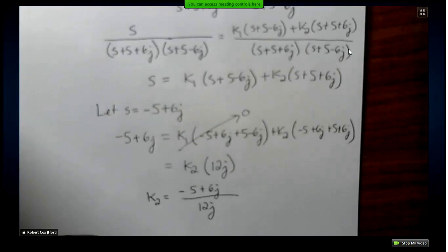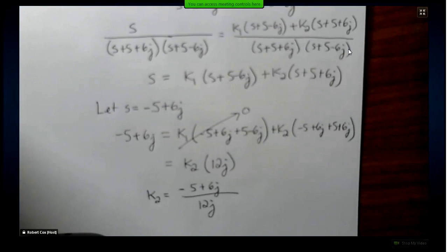All right, let's pick up where we were. Okay, so the easiest thing is to get this thing into polar form. So how do I do that? Well, let's look at the bottom. The bottom is 12j. Anytime I see a j, that tells me that this guy has an angle of 90 degrees.